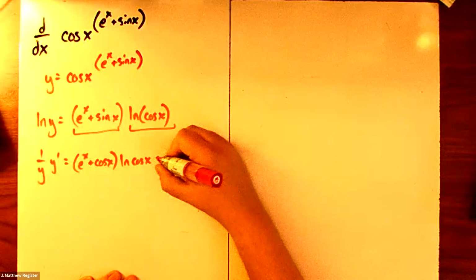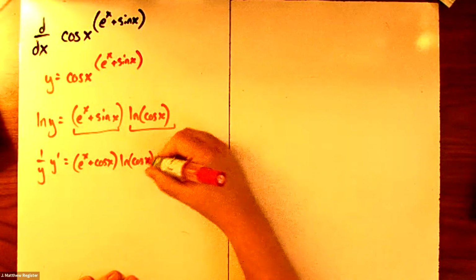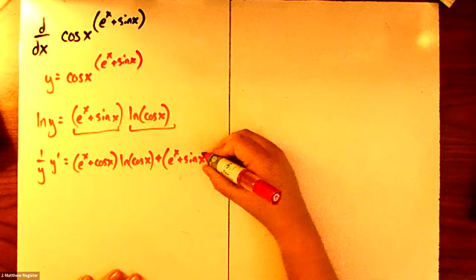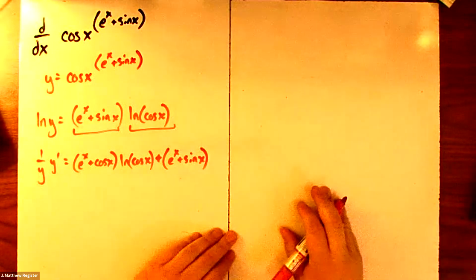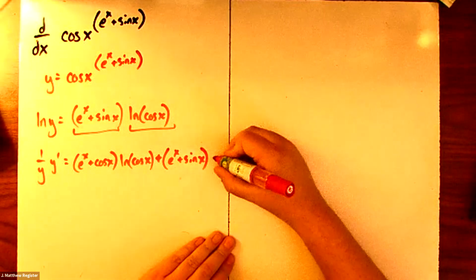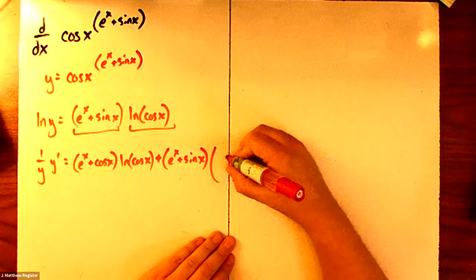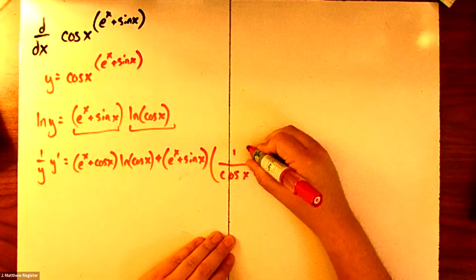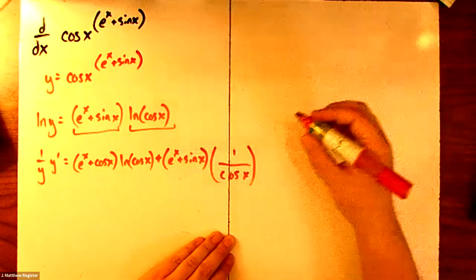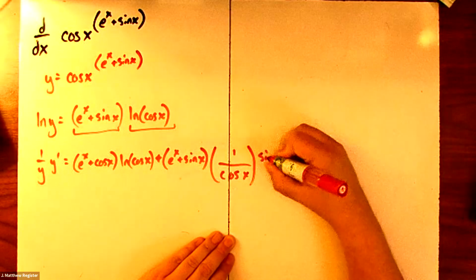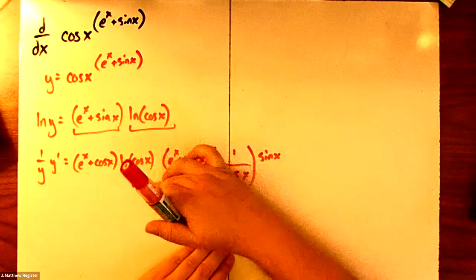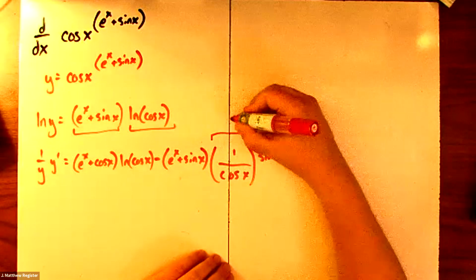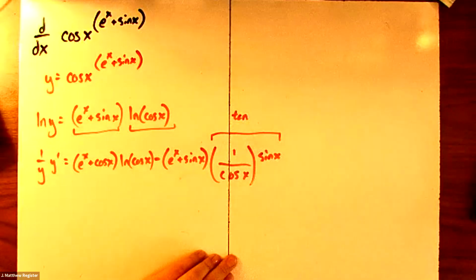And then that's going to be plus e to the x plus sine of x, and then the derivative of natural log of cosine of x is going to be equal to 1 over cosine of x times the derivative of cosine, which is negative sine of x. This term we could actually simplify by making it a tangent function if we wanted to.